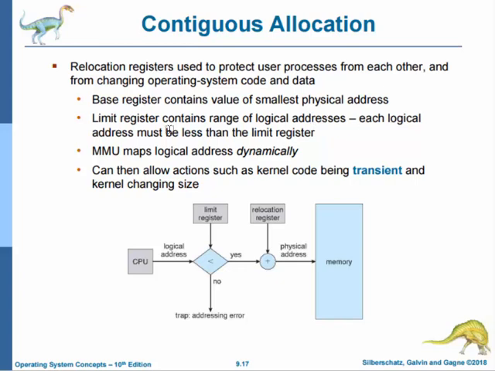Each logical address must be less than the limit register. So who maps the logical address dynamically? It is the memory management unit, which allows actions such as kernel code being transient and the kernel changing its size. So this is the concept of memory protection.